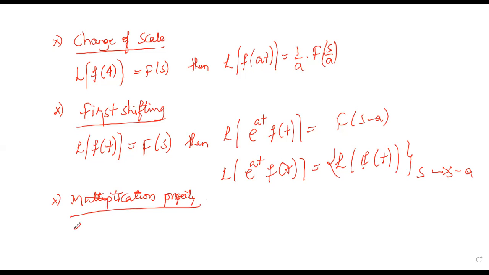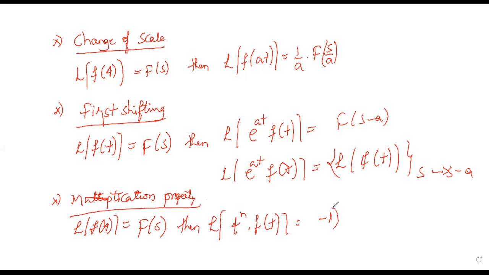Your statement is, if Laplace transformation of f of t is equal to F of s, then Laplace transformation of t to the power n into f of t is equal to minus 1 to the power n, d to the power n divided by ds to the power n, into Laplace transformation of f of t.